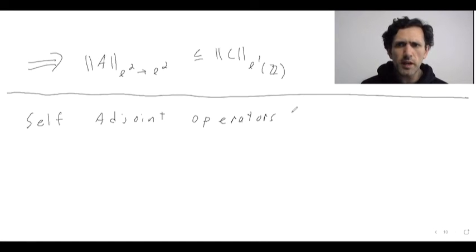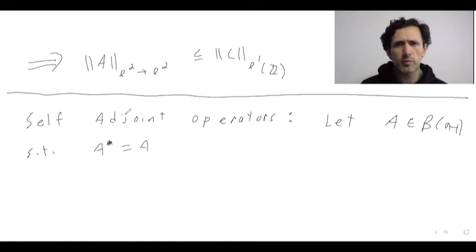So let's say A is bounded on some Hilbert space where A star equals A. If this is true, then we say A is self-adjoint.